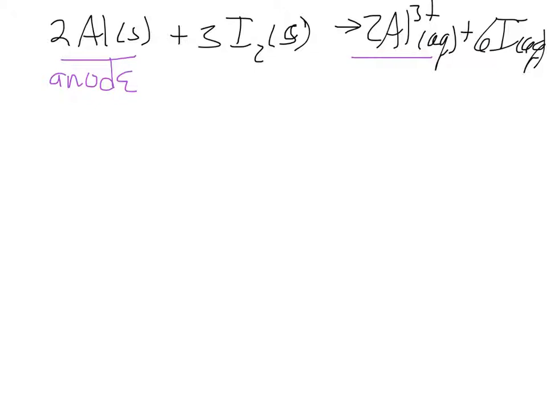And then the iodine is going to iodide. So how does it do that? It's reduced, and so that means that the iodine must be in the cathode compartment. And so now you know which one is the cathode and which one is the anode.